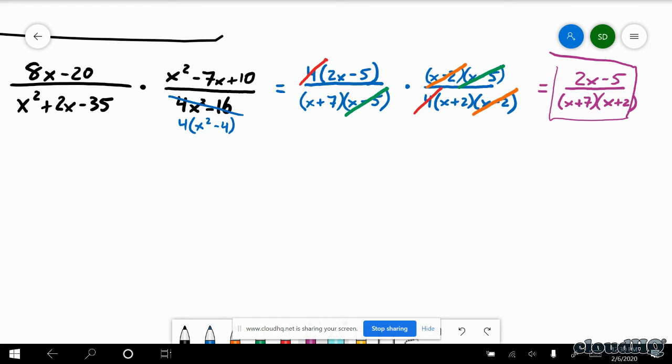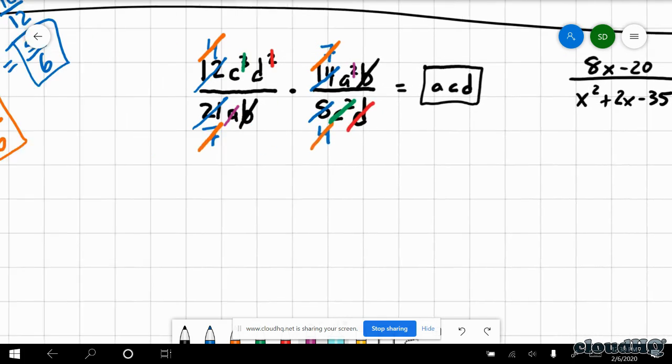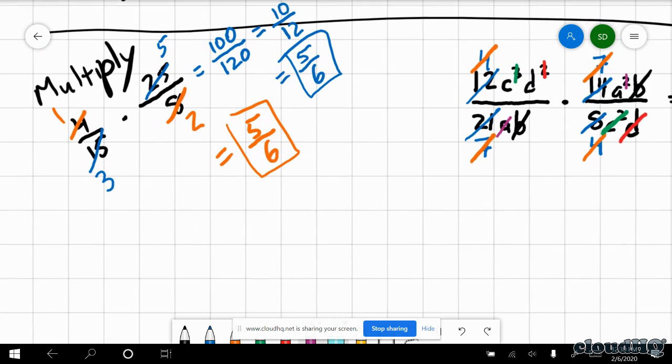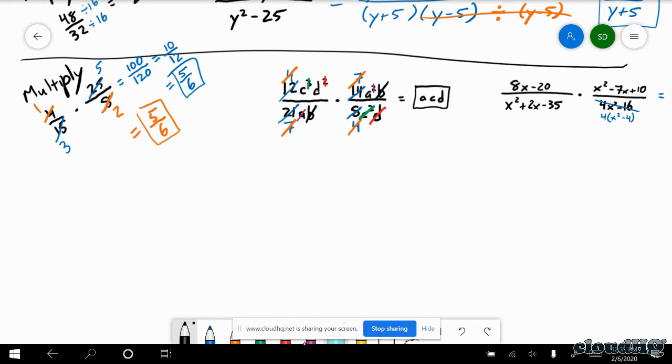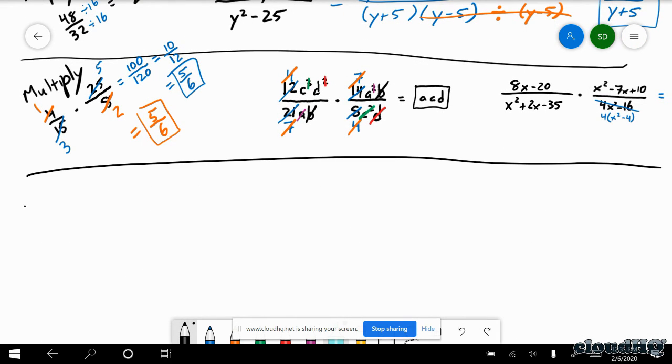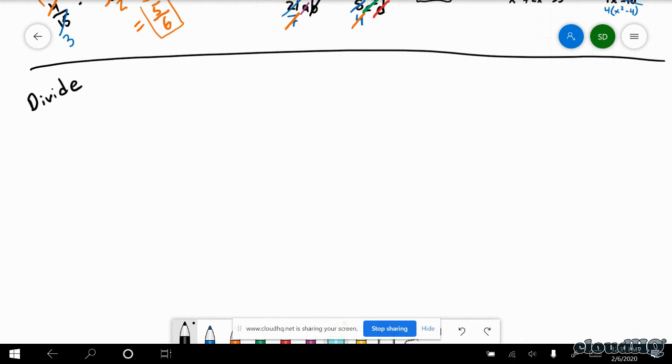The last piece of this section is division. And similar to the last couple things, let's start with a fraction division problem that you're more familiar with, and then we'll move into expressions.